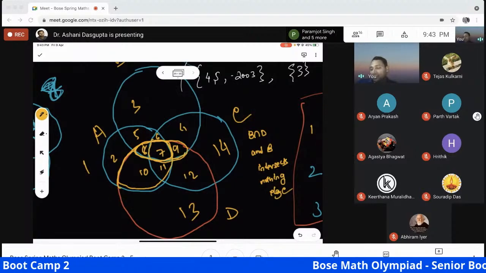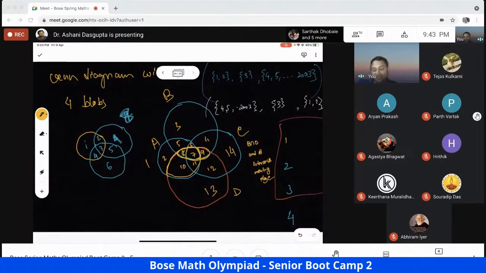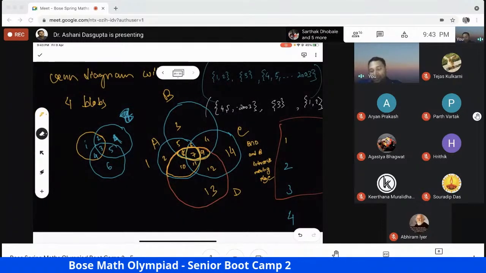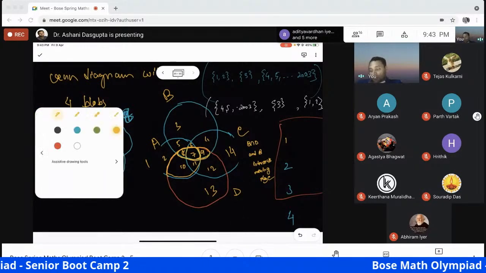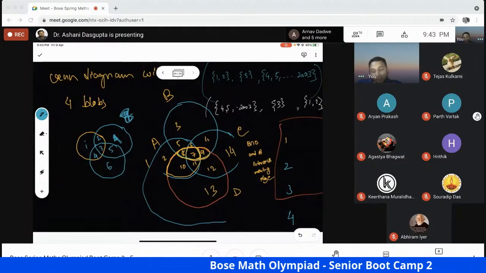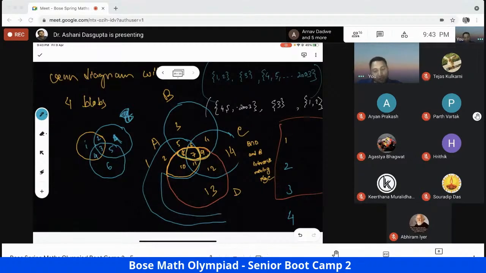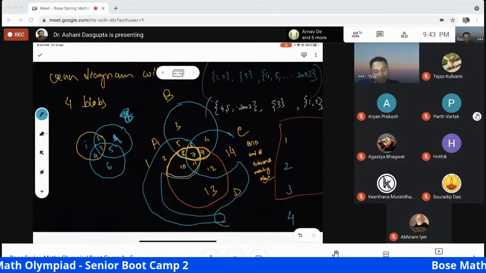The same issue is with A and C. So to make that happen, what you have to do is artificially move these two things and make them intersect each other.